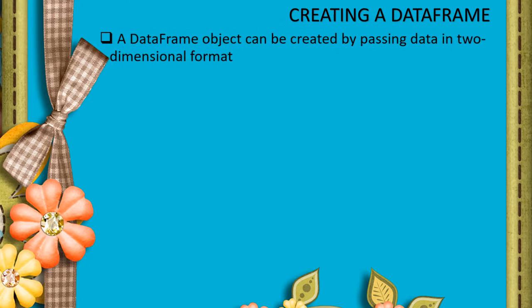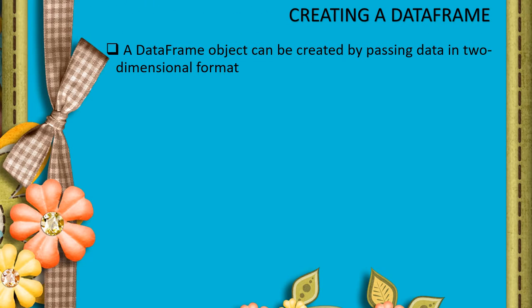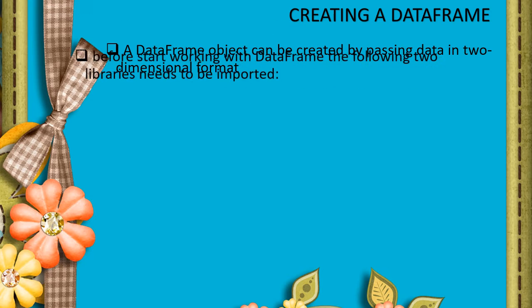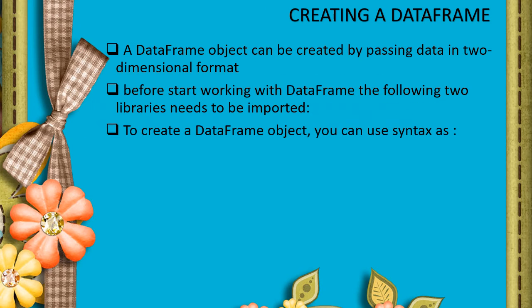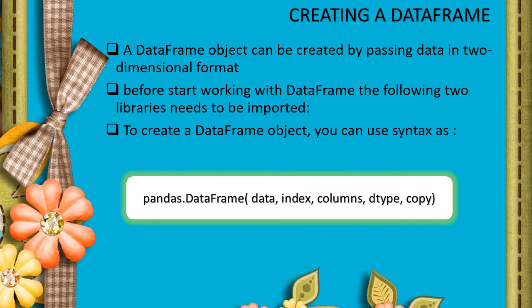So let's see how to create the data frame. First we have to import the pandas library, and we can create the object using the following syntax: pandas DataFrame with data, index, columns, dtype, copy. These are the attributes.